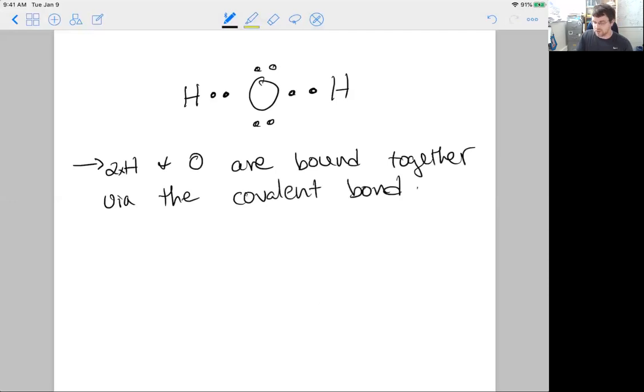So if the oxygen wants to go, and maybe you can recognize this is just H2O, so if this water molecule wants to swim down the Mississippi, you know what? The other 2 hydrogens are going along for the ride. They are bonded to each other.